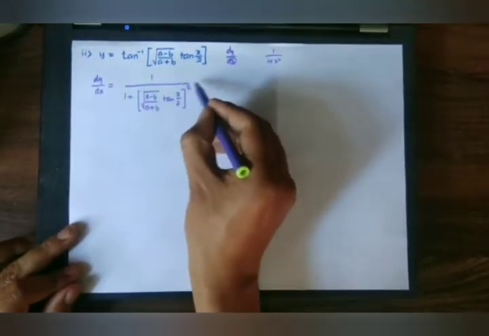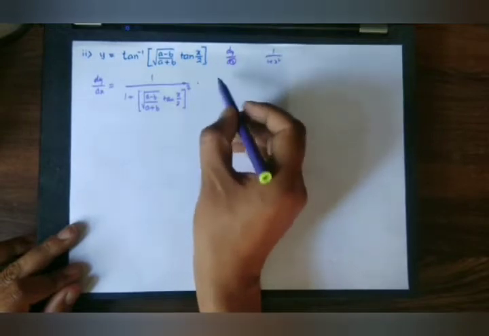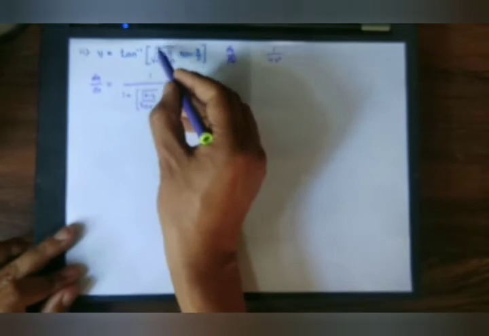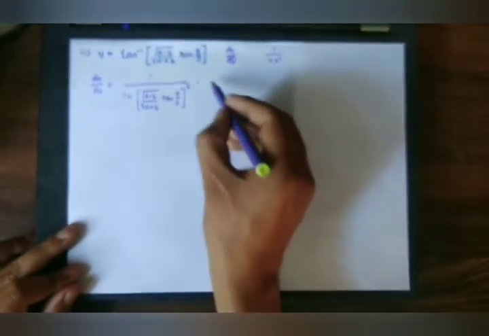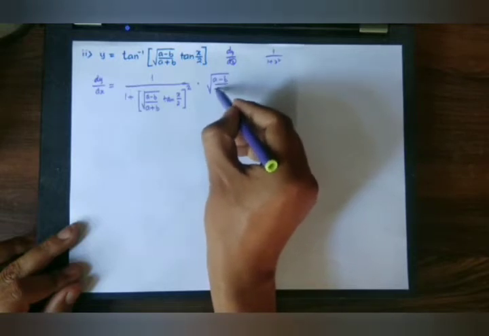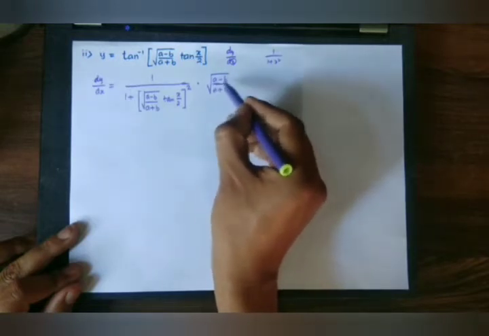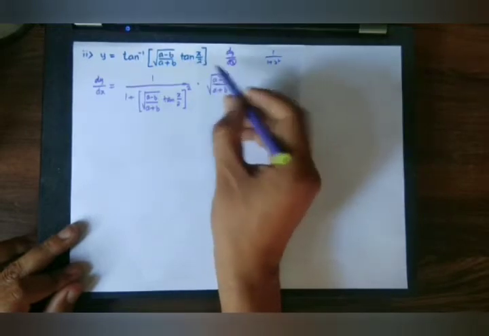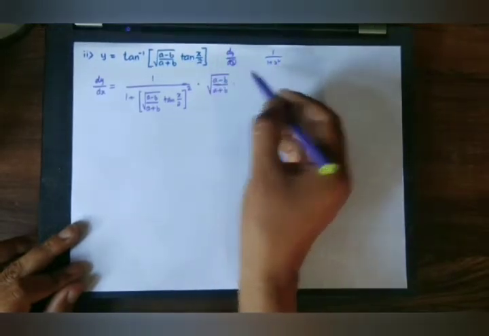Now we need to multiply it, and we need to differentiate this inner one. And to differentiate the inner one, we know that this is constant, so that's why this will be kept outside. This will not be differentiated. Okay, now we need to differentiate tan x by 2. Now differentiation of tan is sec square, right?